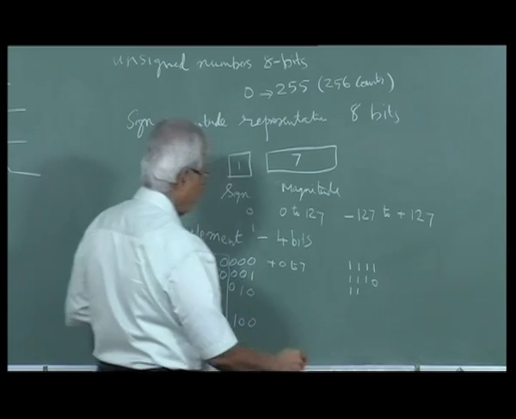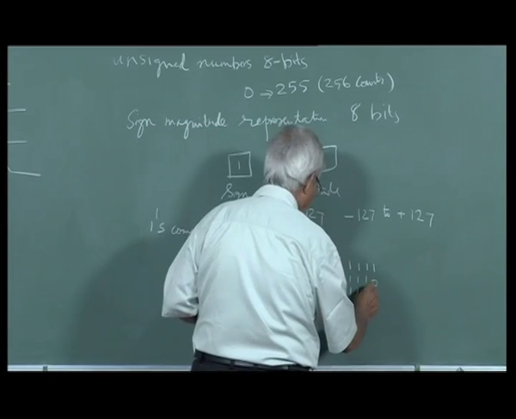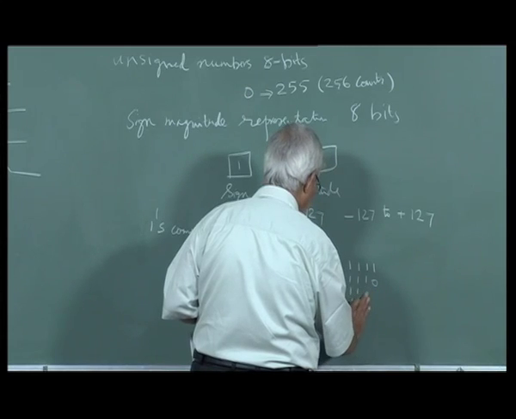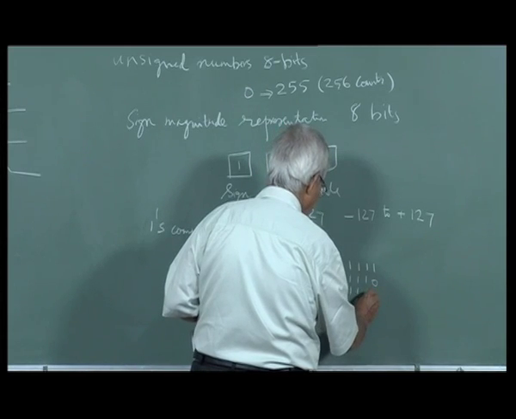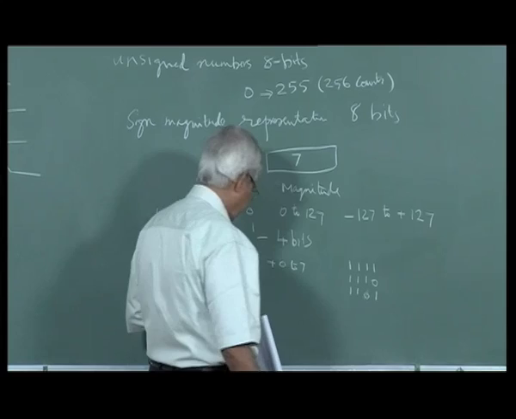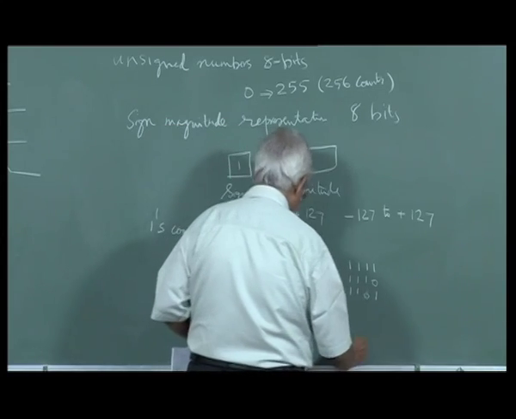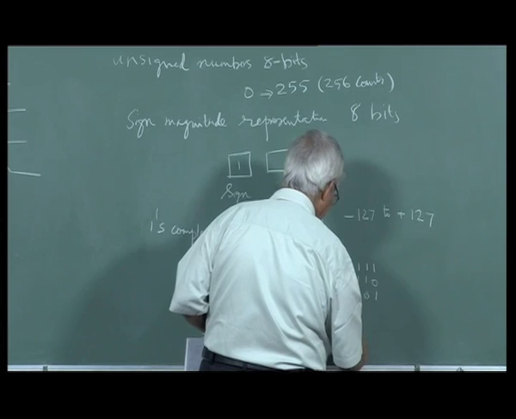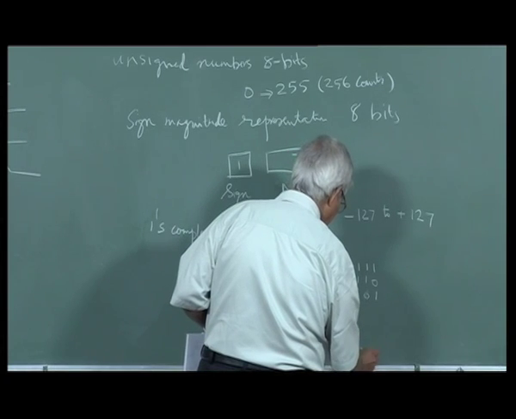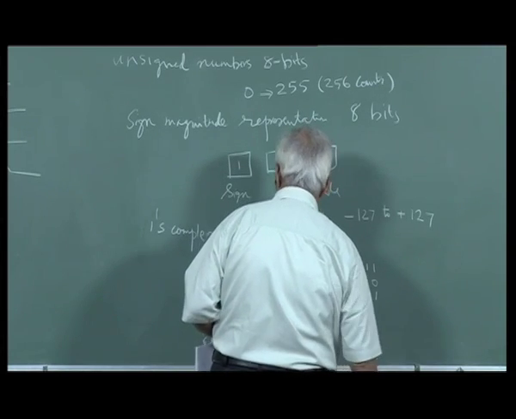So this will become 1, 1, 1, 0, 0, 1. Each bit is inverted. 7 will be 0, 0, 1, 0, 0, 0.